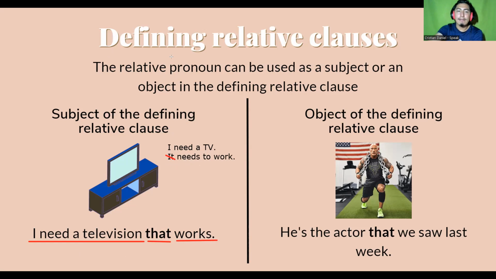If we change the subject into a noun, it is the same as the TV. But I will not repeat it, because in the sentence, I already have a television. And I don't have to create a complete sentence, because the idea will not be clear. So I won't mention needs.